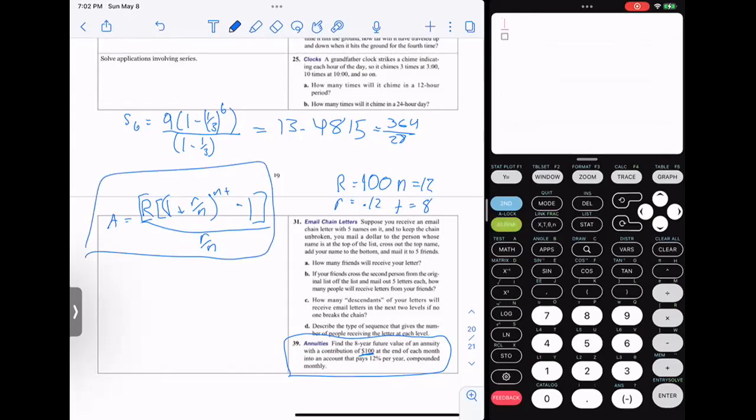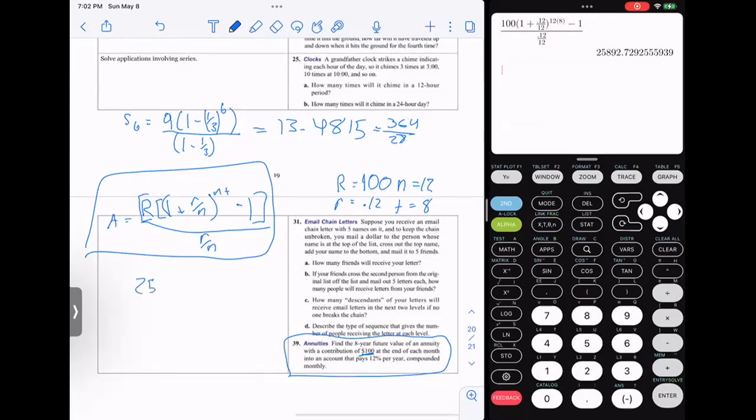So create our fraction, which is 100 times 1 plus another fraction, 0.12 over 12, all to the n times t, which is 12 times 8, minus 1, over another fraction, 0.12 divided by 12, which gives the future value of our annuity.